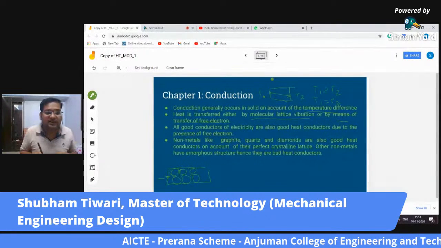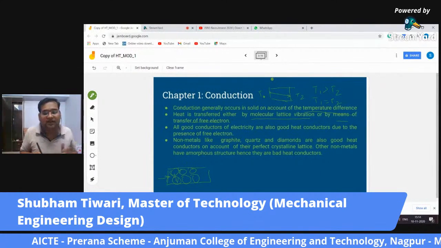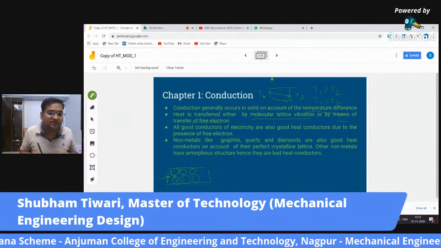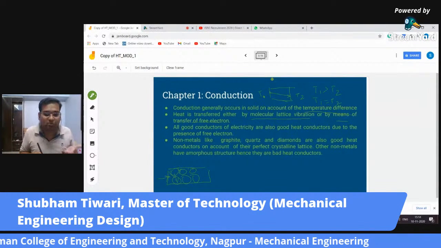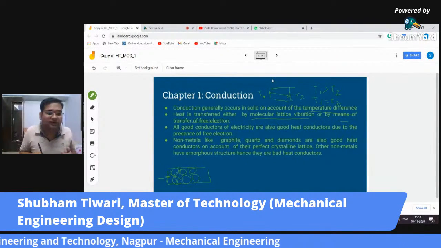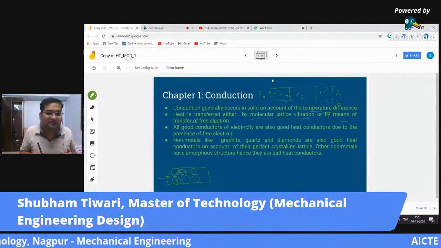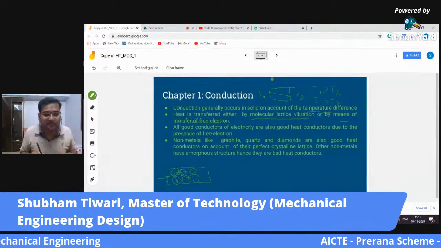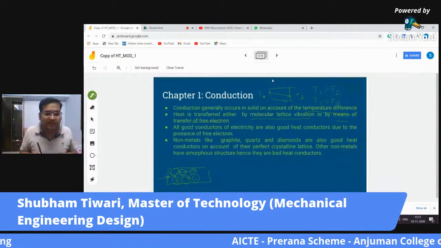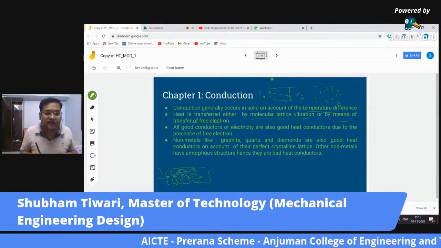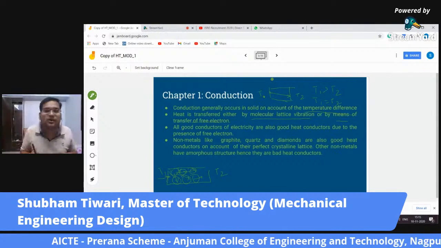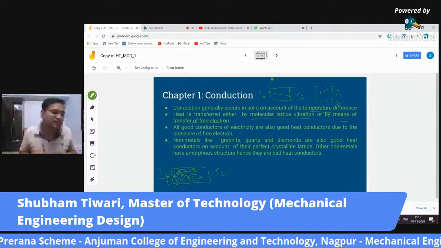When it vibrates, it collides with its neighboring molecules, and during that collision, the heat is transferred to the neighboring molecules. In a similar way, the heat can be transferred from point T1 to T2 if we are talking about molecular lattice vibration.